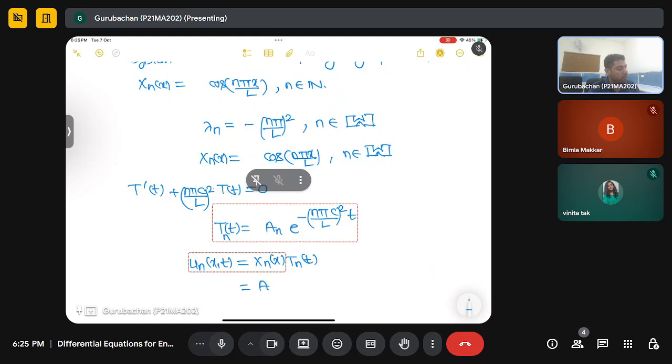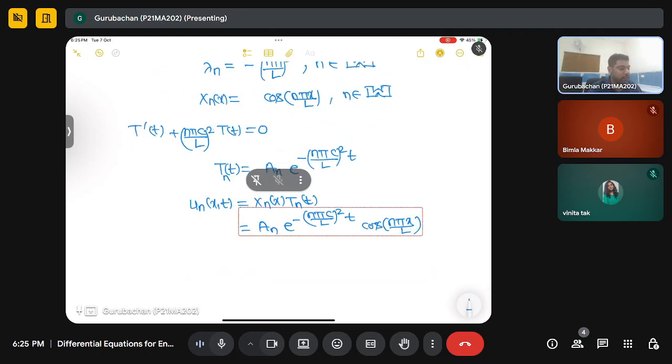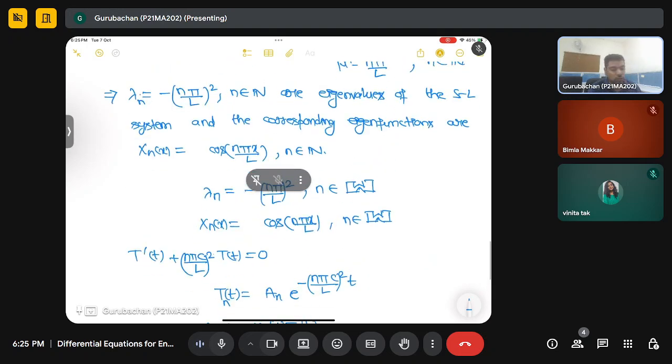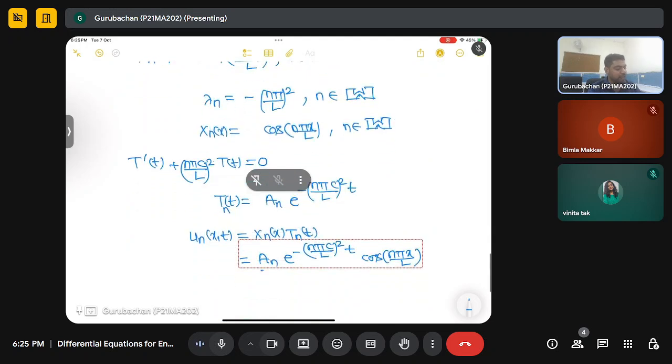This will give you a_n e to the power minus (n pi c by l) whole square t times cos n pi x by l. Here we have not considered that c1 constant. If we consider the c1 constant, then c1 and this a_n will combine and become a different arbitrary constant that we have to find out later on.